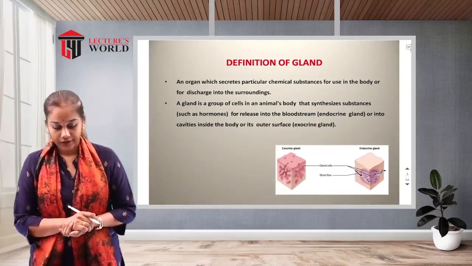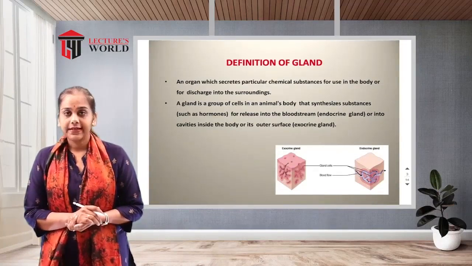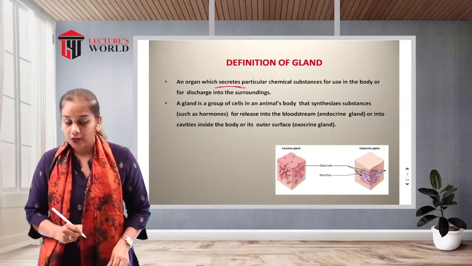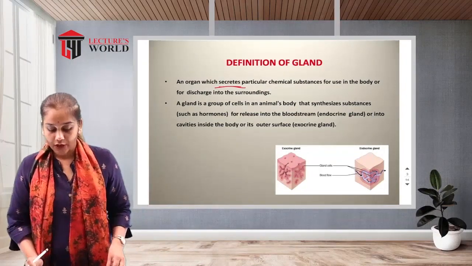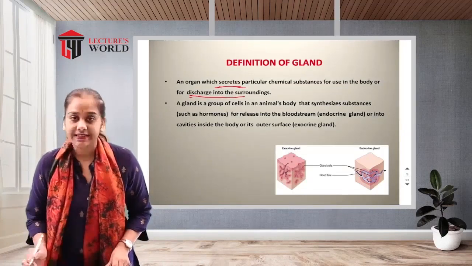Now let us see the definition of gland. What is a gland? It is an organ which secretes particular chemical substances for use in the body or discharge into the surroundings.